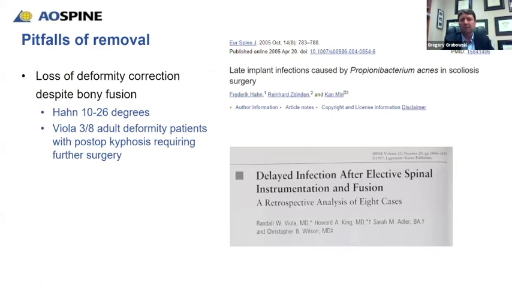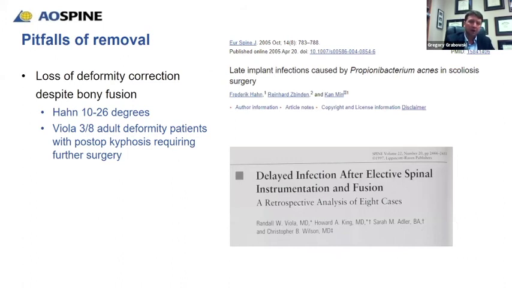And so if there are significant advantages to the removal of instrumentation in the delayed infection setting, well, what are the downsides? Particularly in the setting of deformity surgery, the loss of deformity correction has been pretty well documented. And that's in spite of the notion of there being a full bony fusion on inspection of the fusion at the time of surgery.